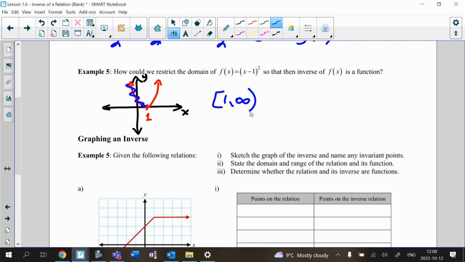State the domain and range of the relation and its inverse relation is what I want to say.